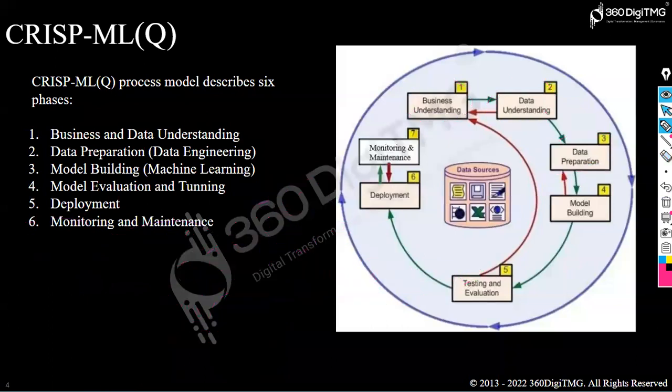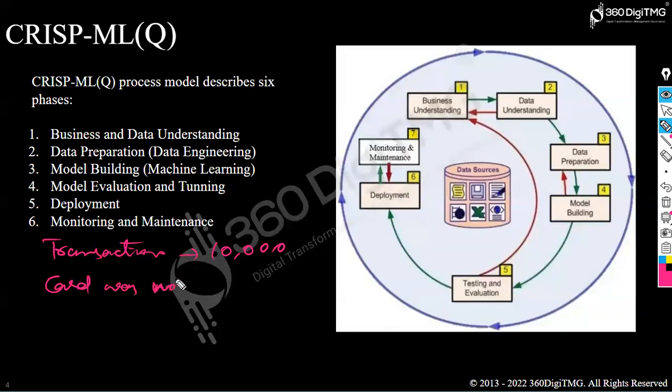Let me give you an example. One of the transactions says 10,000 rupees. The card was not used for 2 months, and immediately a transaction of 10,000 is made after 2 months.